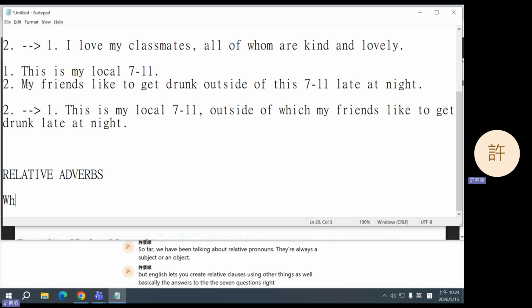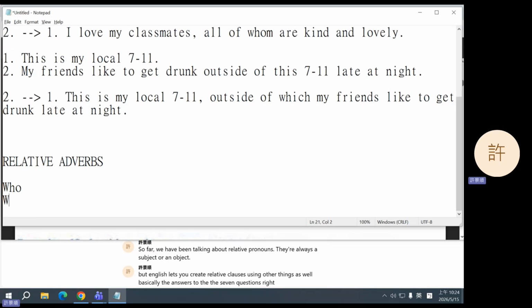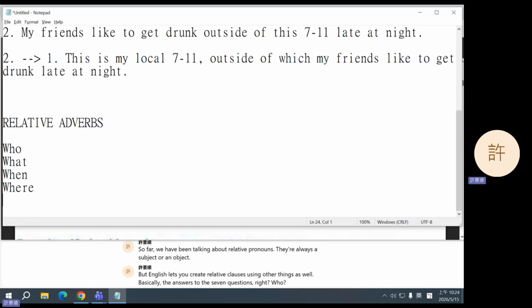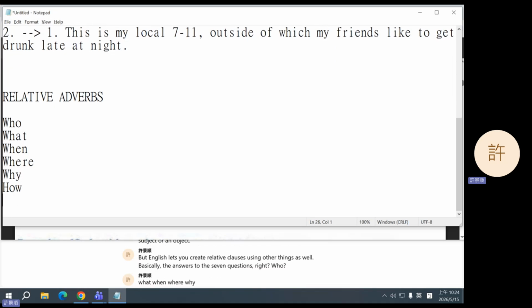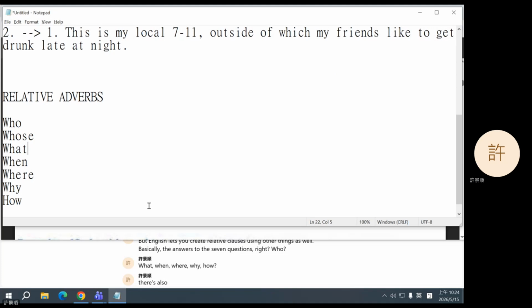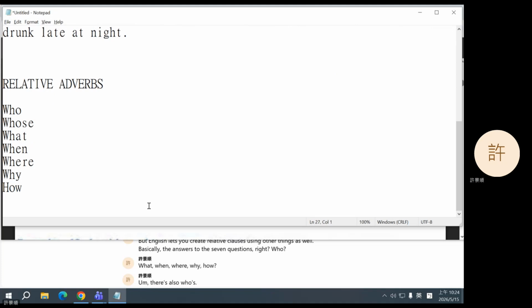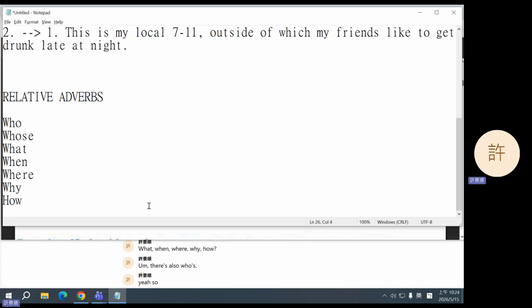Who, what, when, where, why, how. There's also whose. So 7 questions: who, whose, what, when, where, why, how. All of these can be used to create relative clauses.